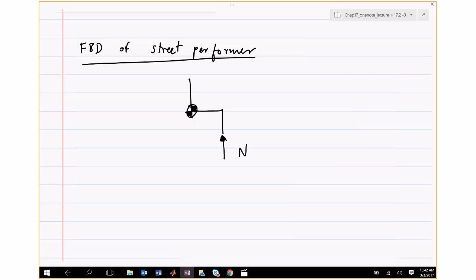So that's mg. Okay, so that's all the forces.